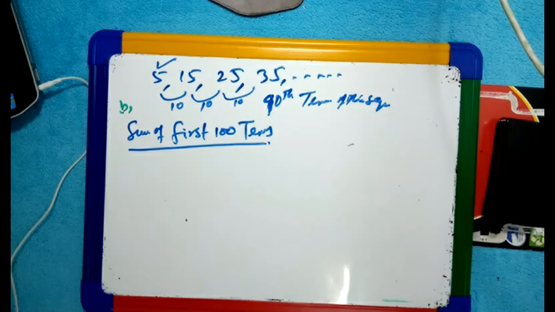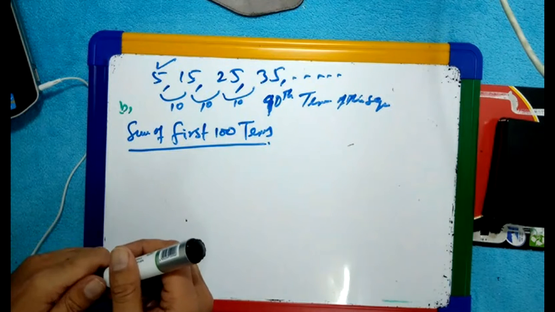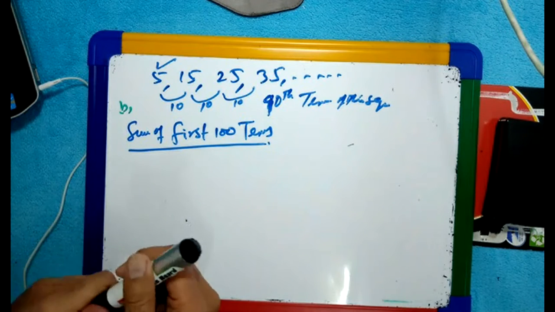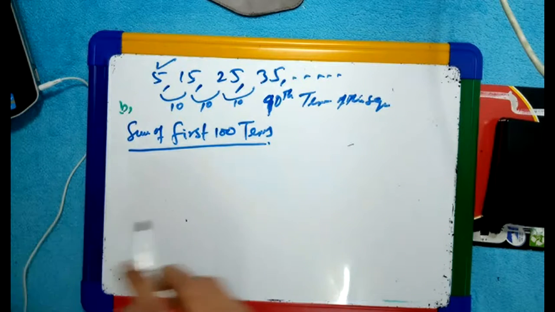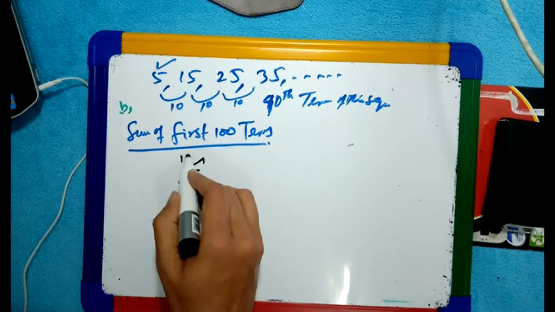Okay, I'm back. In part B of this question, they can ask you to find the sum of the first 100 terms. Sometimes they write it like n equals 1 to 100.